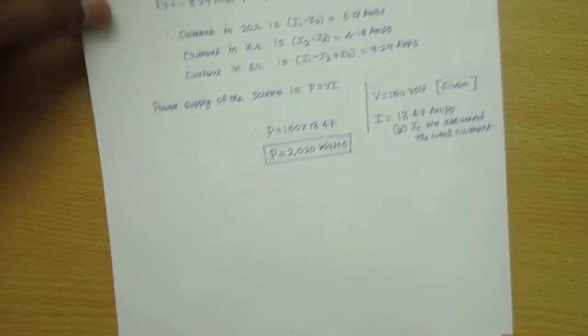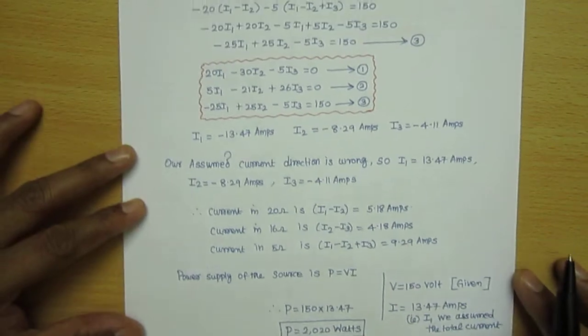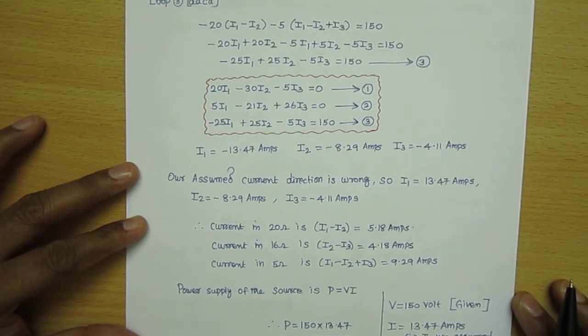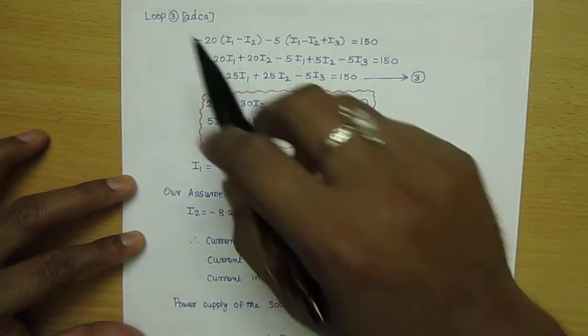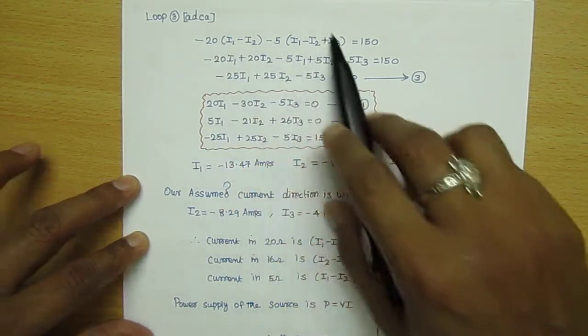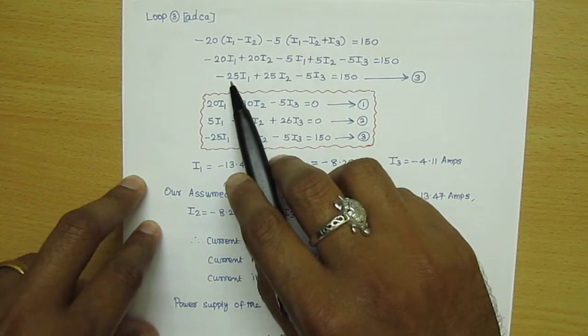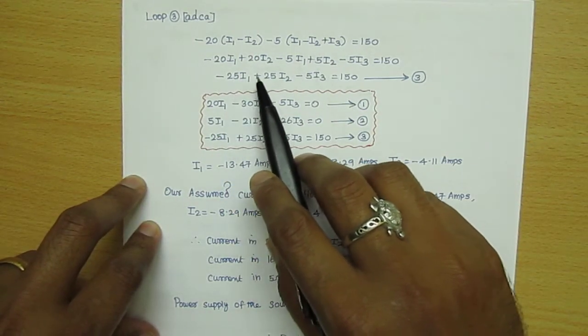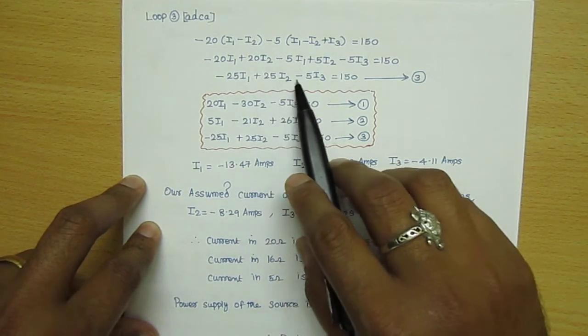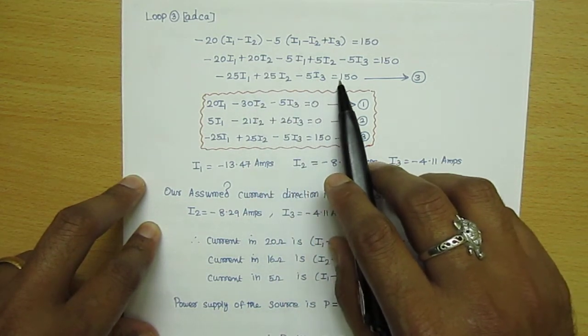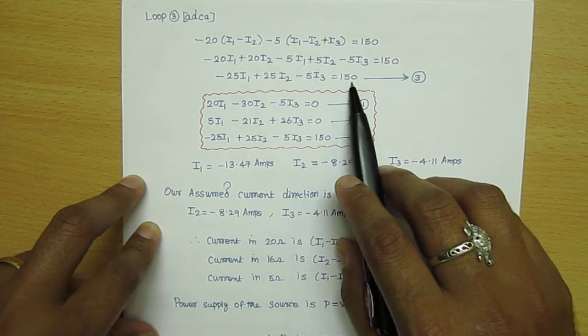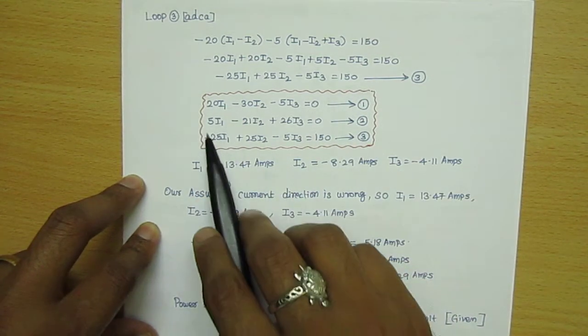Now we are going for the loop ADCA. In this, similarly if you move that, we will get the equation minus 25 I1 plus 25 I2 minus 5 I3 is equal to 150. So we got the three equations.